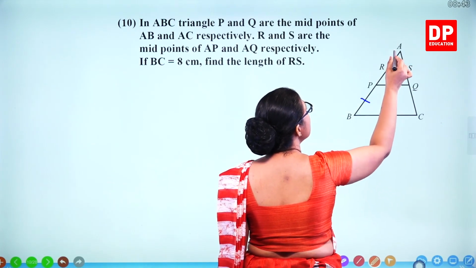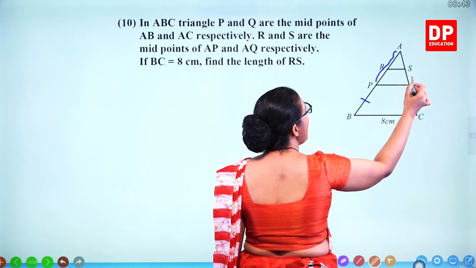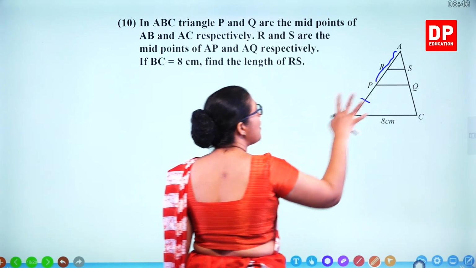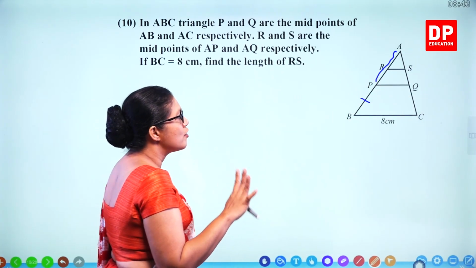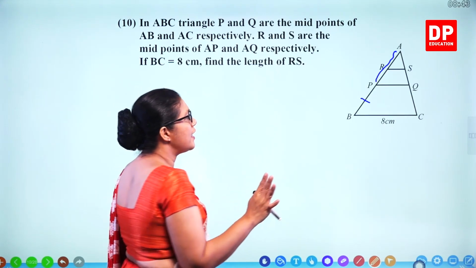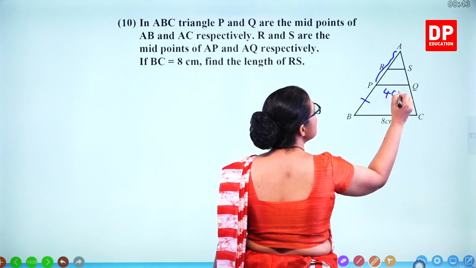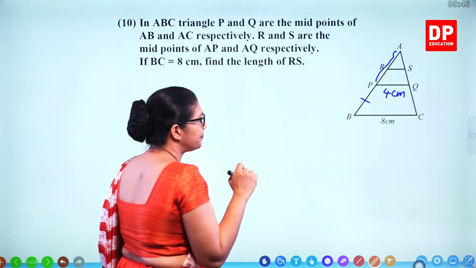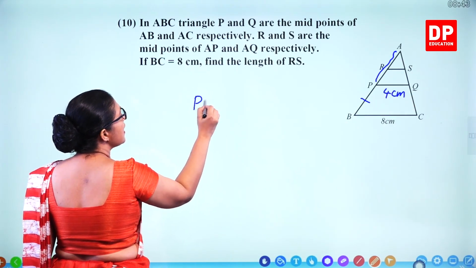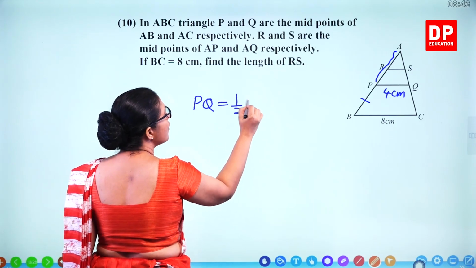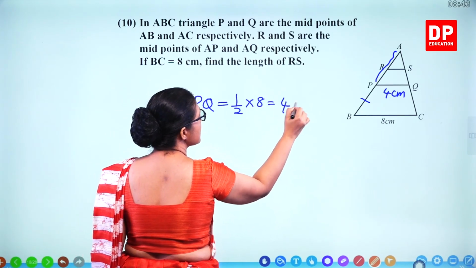This length and this length are equal, and here also equal. Q and P are midpoints. So according to the midpoint theorem, if this is 8, PQ is half of it, that's 4 centimeters.